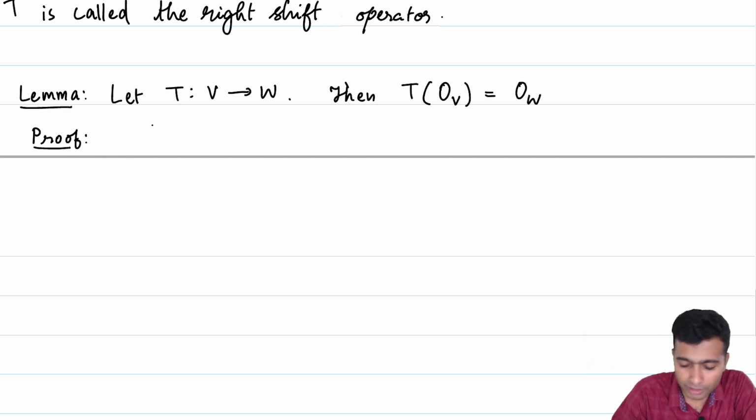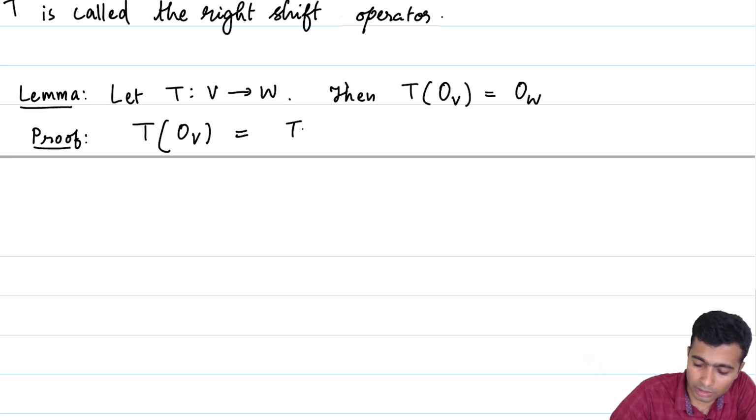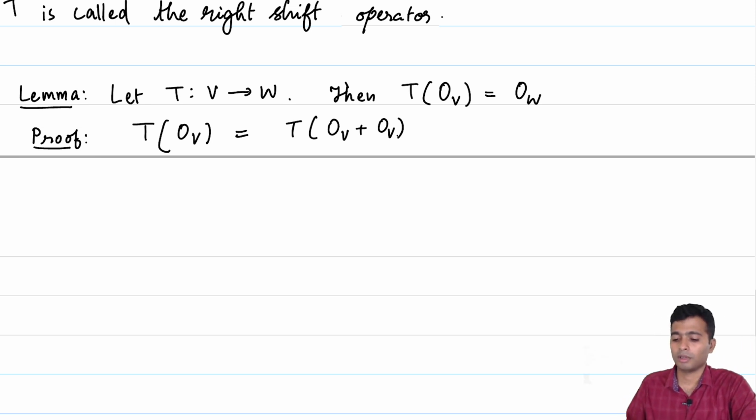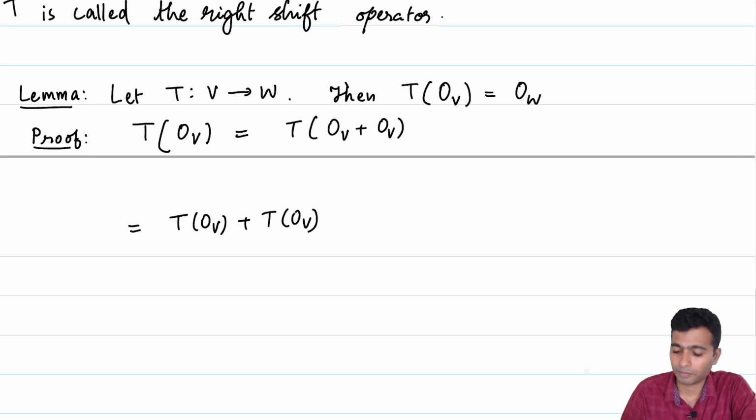This is the same trick which we have been using for proving these kind of results. We are interested in T of 0V, and this is nothing but T of 0V plus 0V. But T is a linear transformation, so this is equal to T of 0V plus T of 0V.